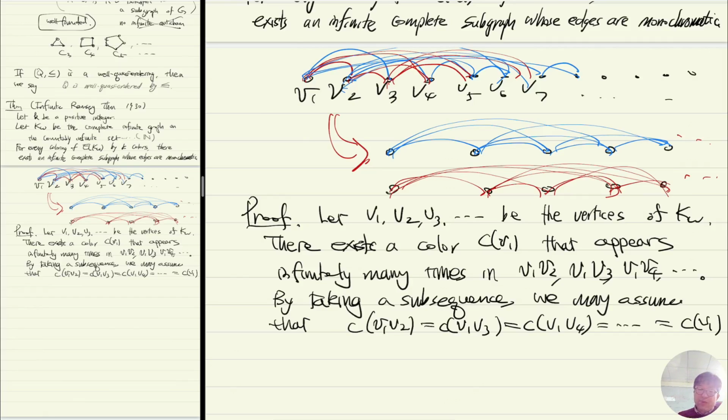Right, what I mean is I pick v1, and then let's say it's red, then I only look at the neighbors which are adjacent by red edges, and the others I delete. I still have infinitely many vertices, so I don't lose anything. This is the beauty of infinite graphs. Even if I delete something, I may still have a graph which is still infinite. Now, what's next?